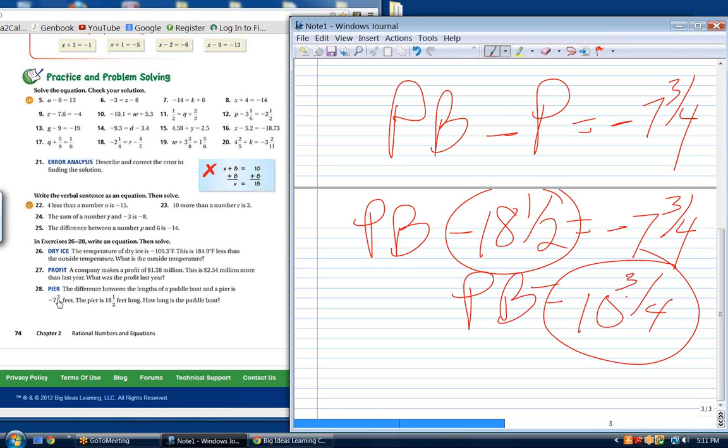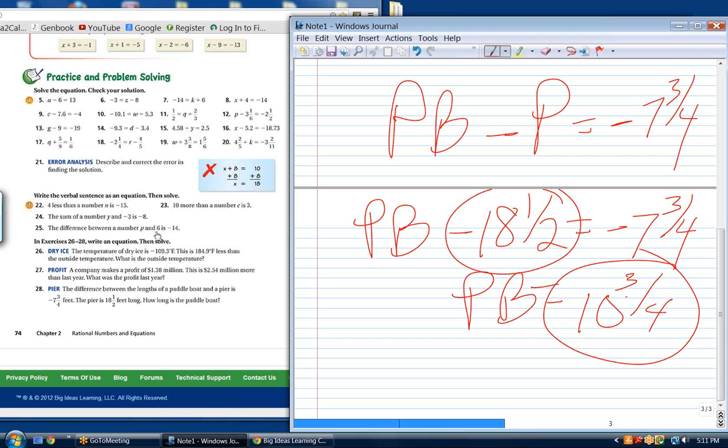But I probably shouldn't be saying anything because they probably want you to interpret these word problems in exactly the way they're saying them. In other words, when they say the difference between the paddle boat and the pier, they mean PB minus P. They don't mean the other way around. Just like this difference between a number P and 6 was P minus 6.